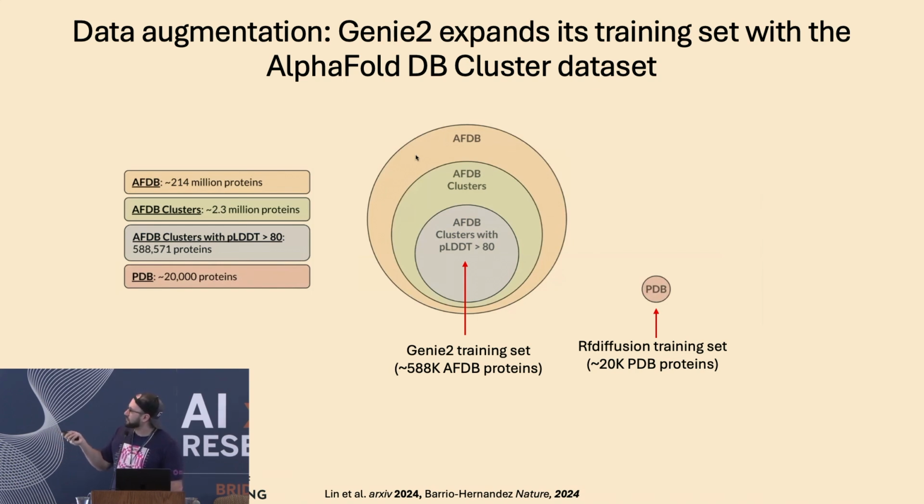AlphaFold DB has about 214 million proteins. They were able to cluster it down to about 2.3 million proteins. And when you take the high-confidence proteins in that subset, remember this pLDDT metric I talked about at the beginning, where they set the threshold at 80, they get about 600,000 proteins to train on, which is a huge increase in data from 20,000 to almost 600,000 proteins.